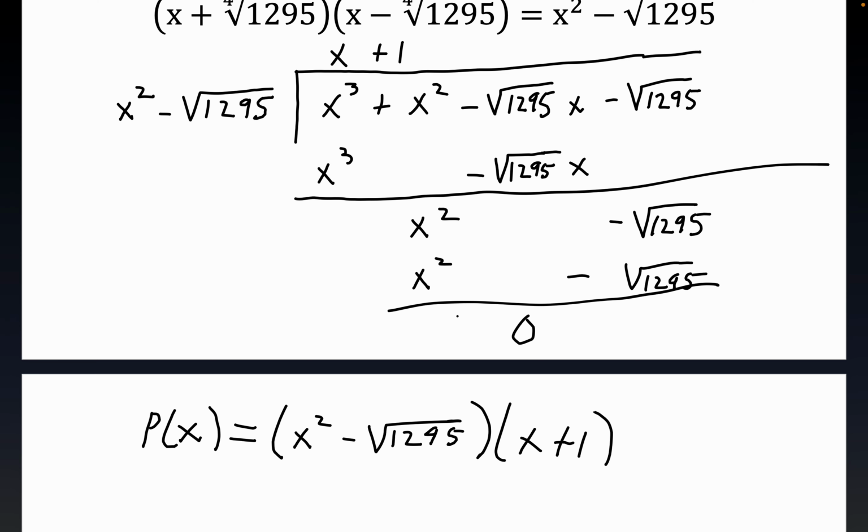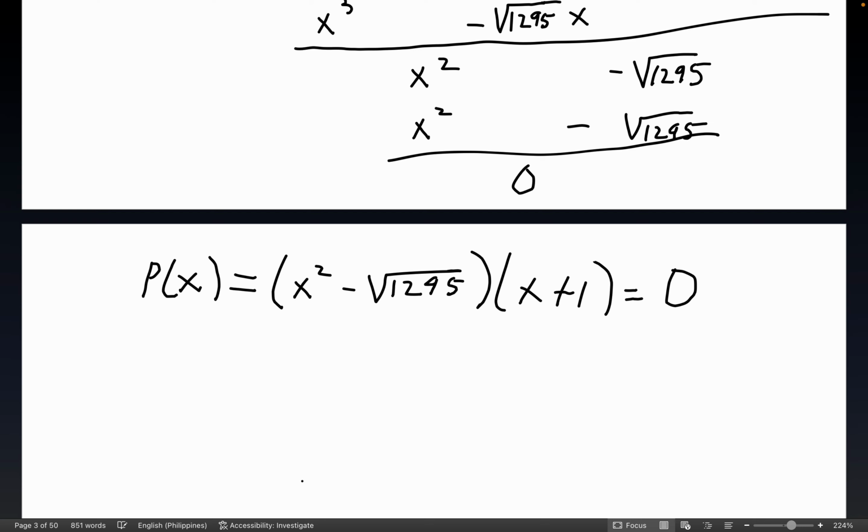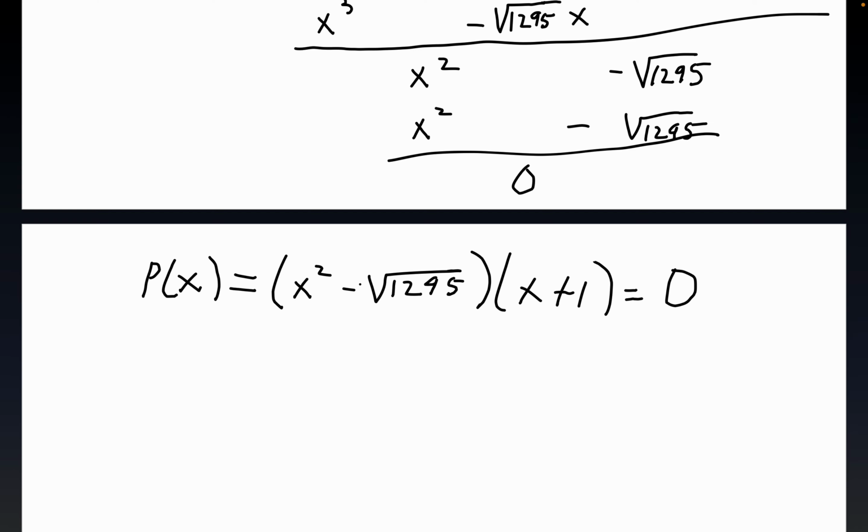Now that it's factored, it's easy to see what the zeros are. I keep calling them the zeros because that's what I'm used to calling them. We've already calculated this: you take the square root of this, and you get the fourth root, plus or minus.